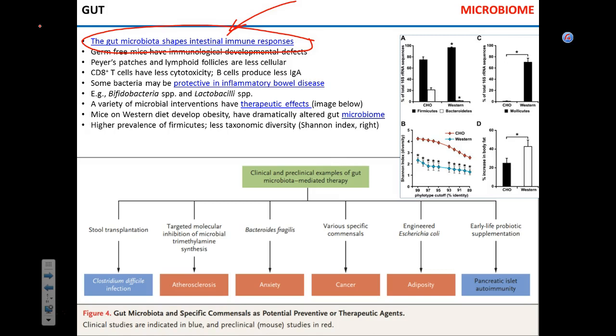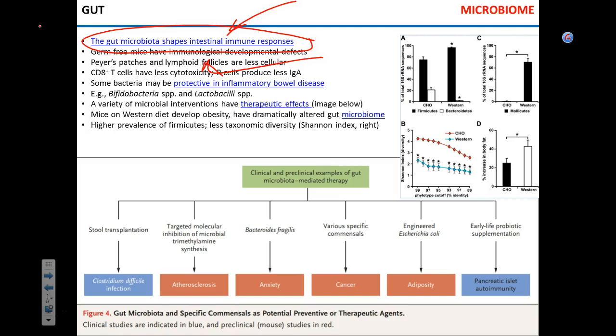Now, for instance, germ-free mice, mice that do not have any intestinal microorganisms, have altered and not completely competent immunological responses. Okay, the lymphoid follicles, the Peyer's patches are underdeveloped.